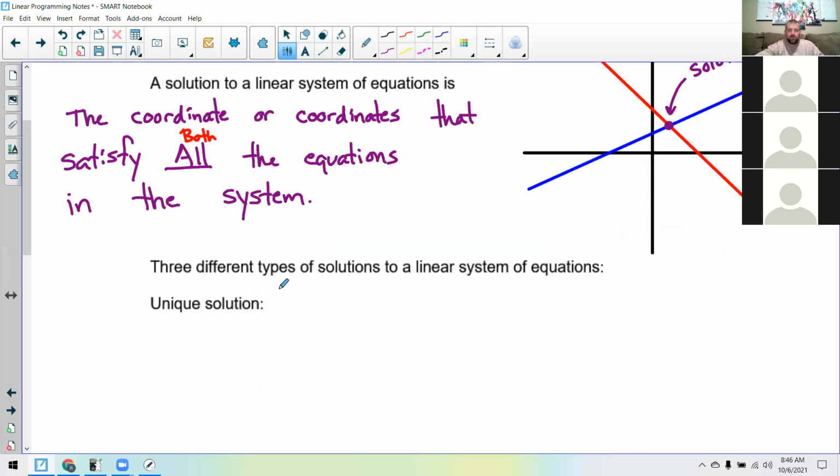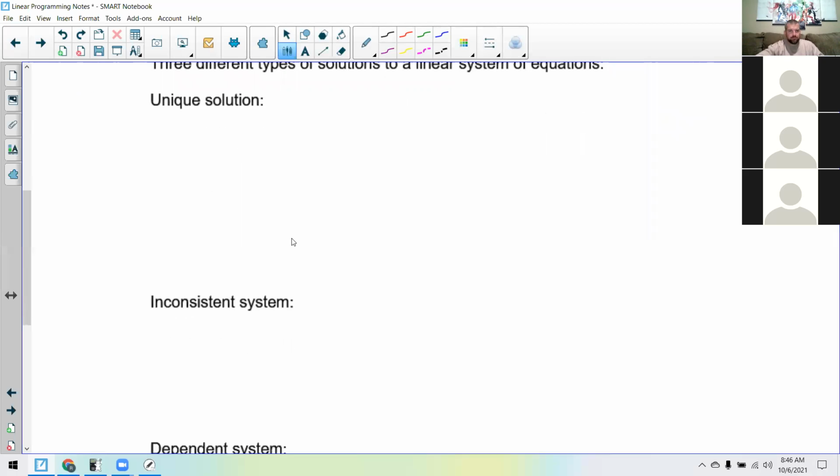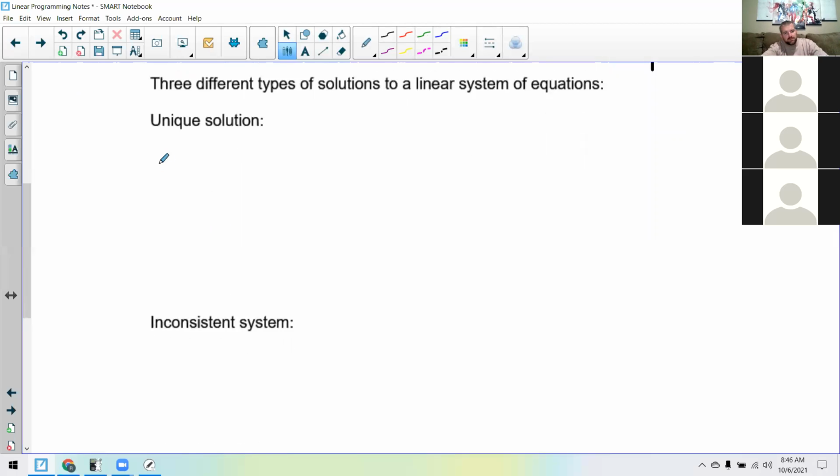So there are three different possibilities we could have when solving for the solutions to a linear system of equations. The first one is called a unique solution. That is one coordinate solution. That's basically, let me draw a little picture.